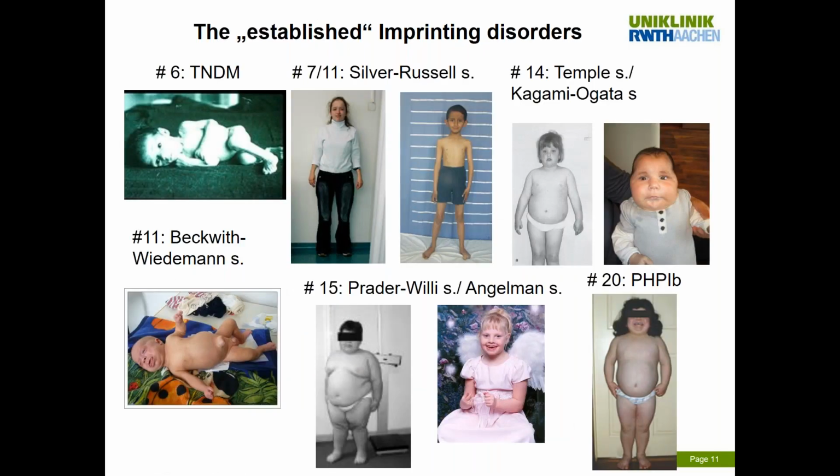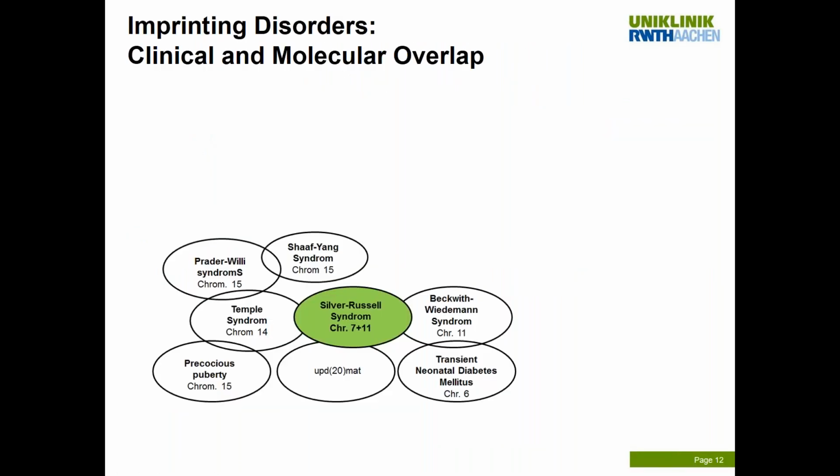Here are some clinical feature pictures of patients with imprinting disorders. Examples are Silver-Russell syndrome, Beckwith-Wiedemann syndrome, Angelman, etc. But I think you probably know more about these clinical pictures than I do.